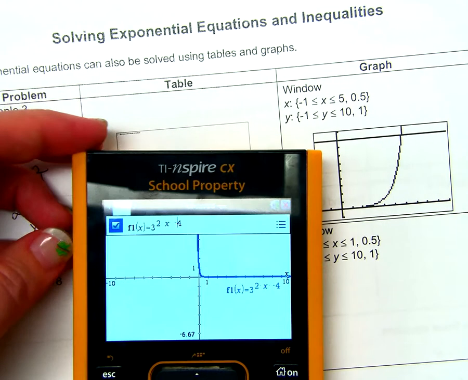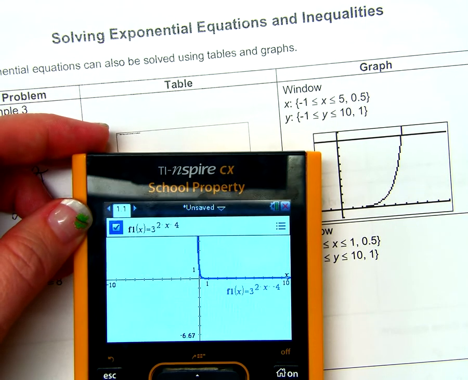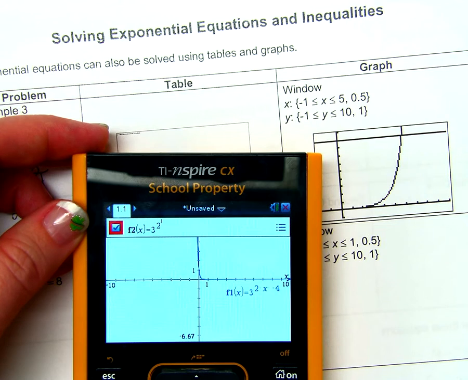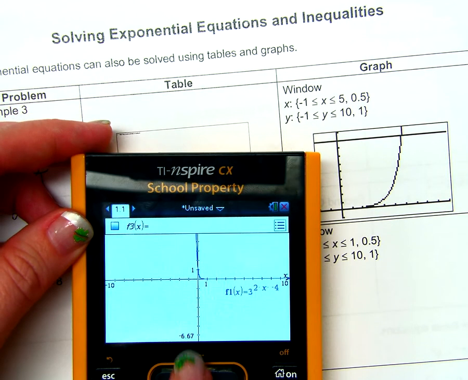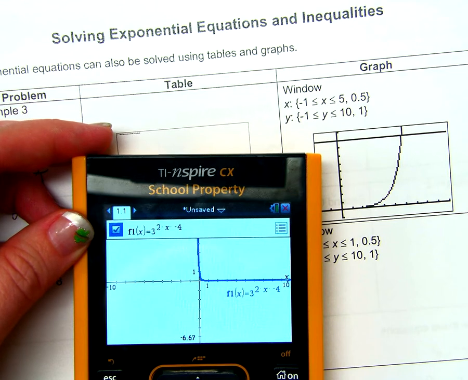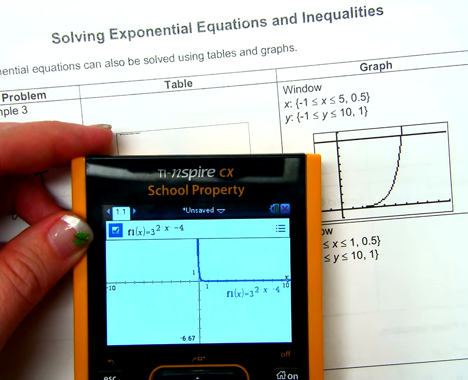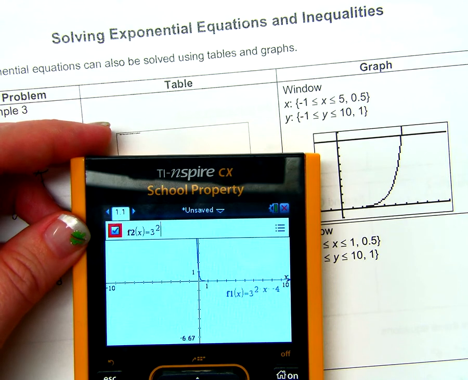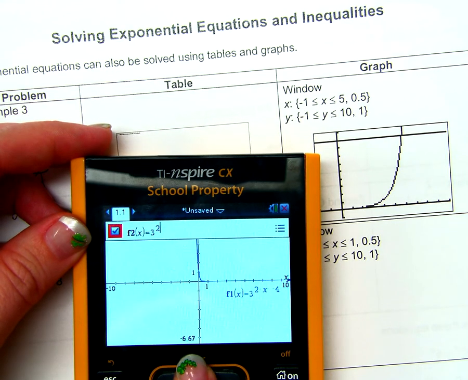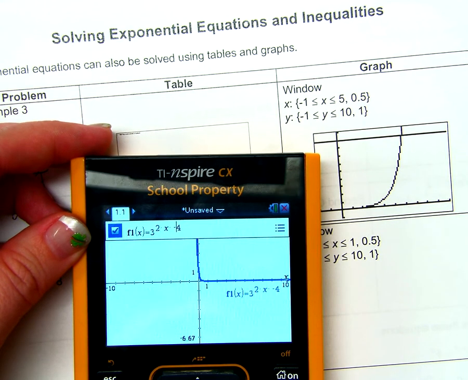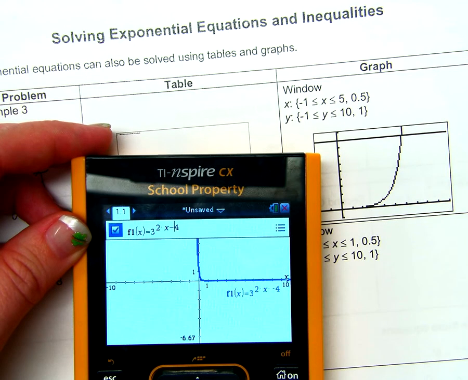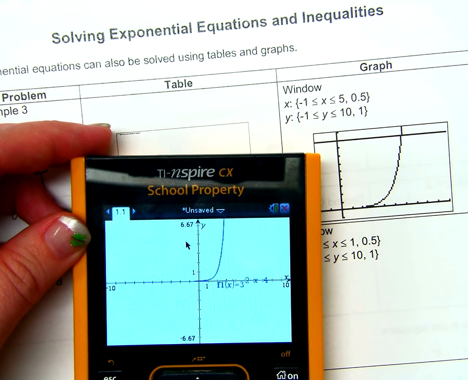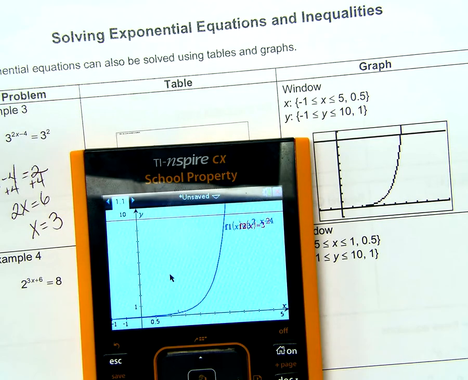So when you put this in, this has got to be a minus. There you go. Minus 4.